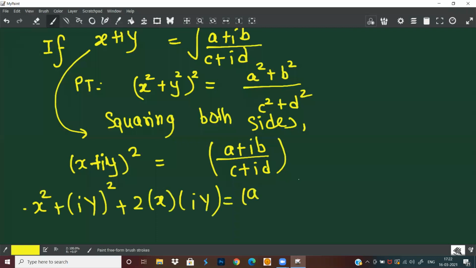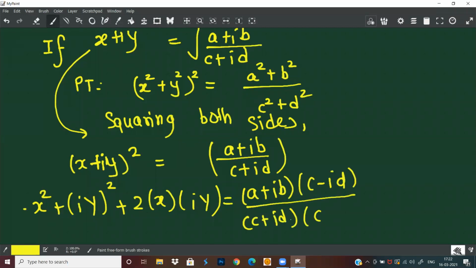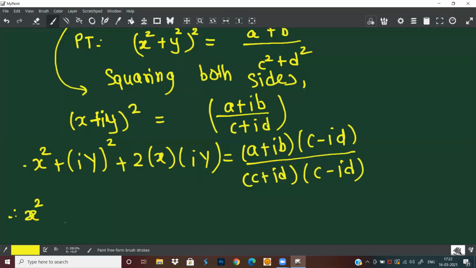And यहाँ अपने को रैशनलाइज करना पड़ेगा डिनोमिनेटर. c minus id से ऊपर नीचे you have to multiply c plus id into c minus id. So ये है x square, ये है i square y square. i square तो -1 होगा, तो x square minus y square plus 2xy into i. तो मैंने रियल एंड इमेजिनरी पार्ट सेपरेट किया ऑलरेडी.